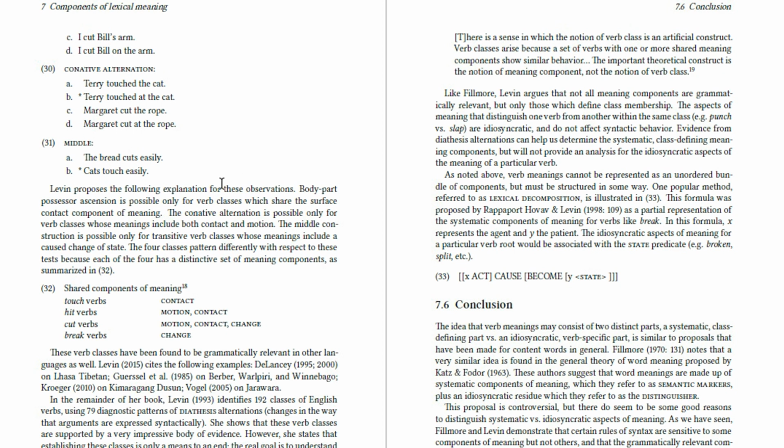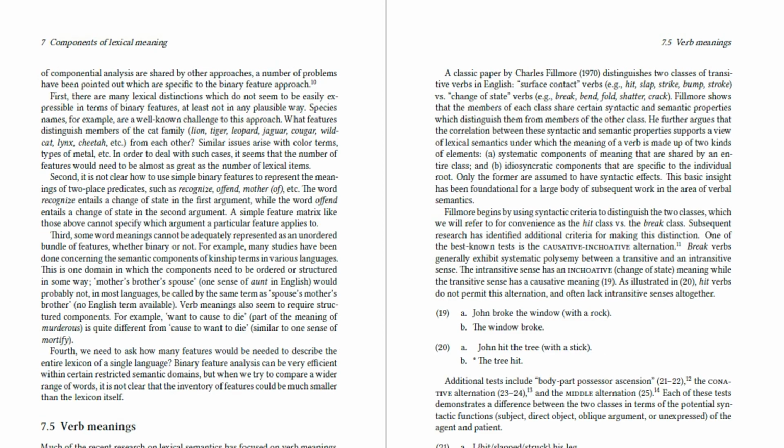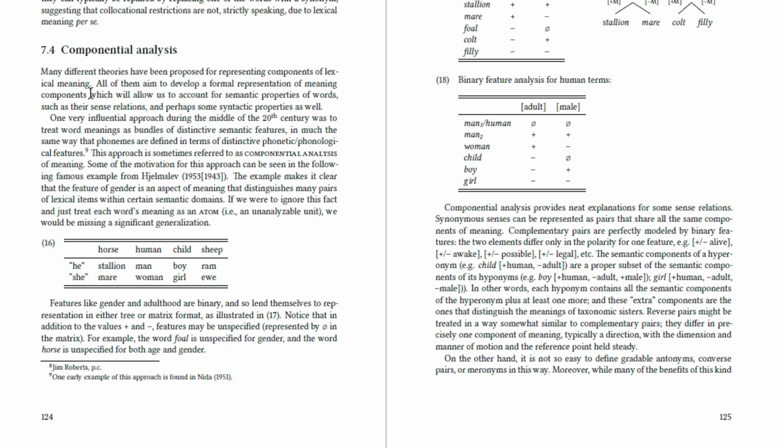For me, it's not important to focus more on verb meaning, but it's important to focus here as much as you can on the componential analysis, because in this chapter that is what we focus on. If I ask you a question about giving binary features or semantic features of the word stallion, or the word mare, or the word boy, you can read it here.